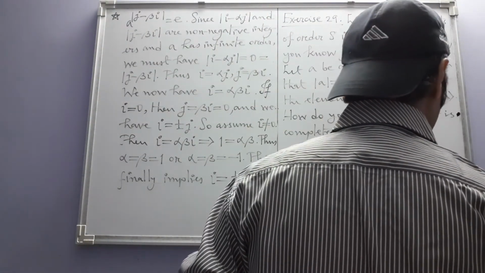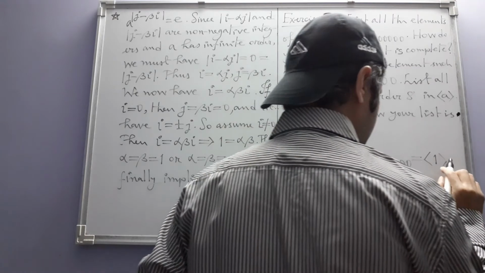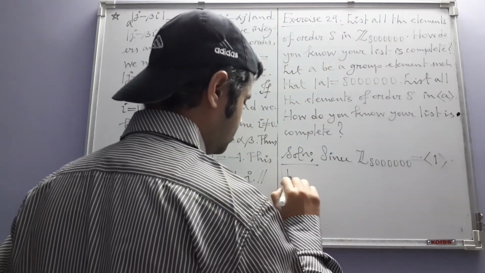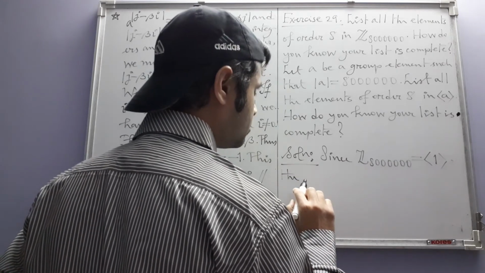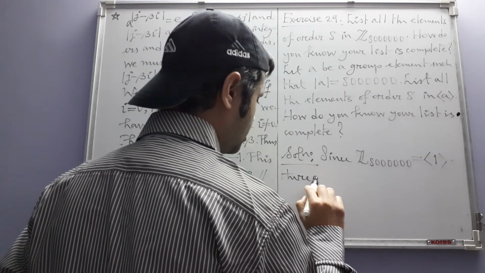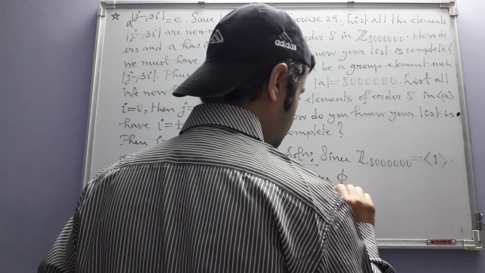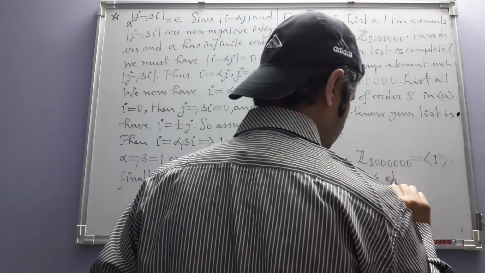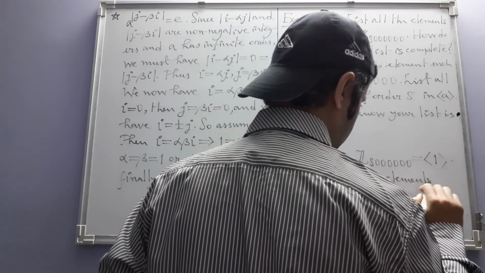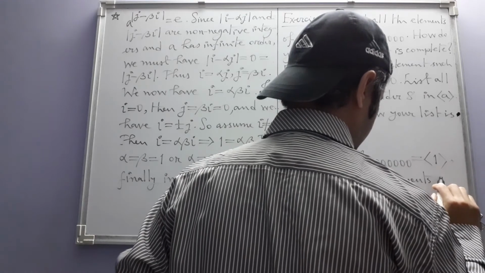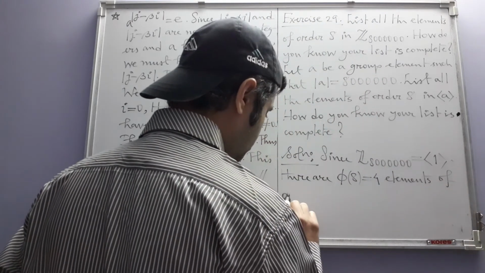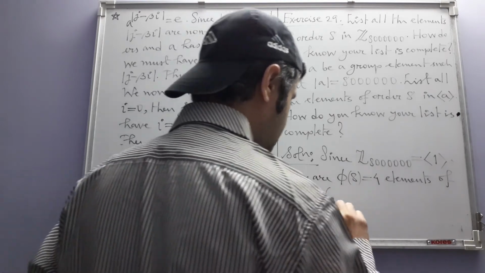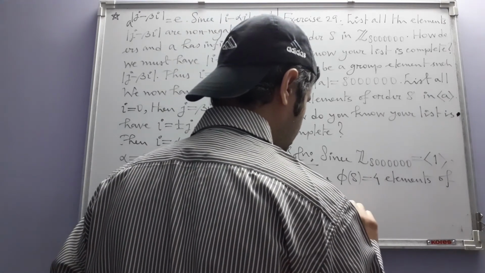Okay, so since this is a cyclic group, there are phi of 8, which is equal to 4, elements of order 8, and for this we have already seen why.